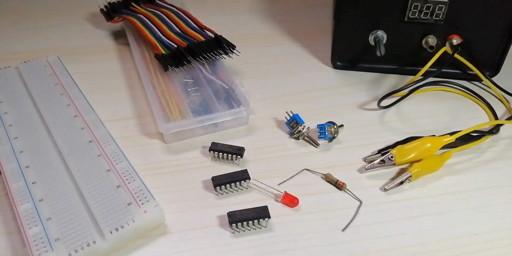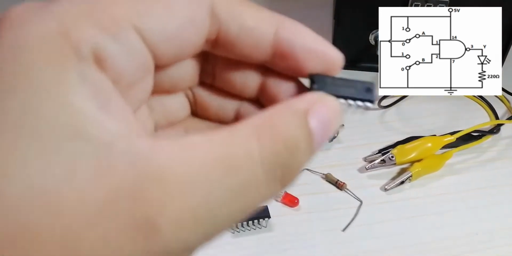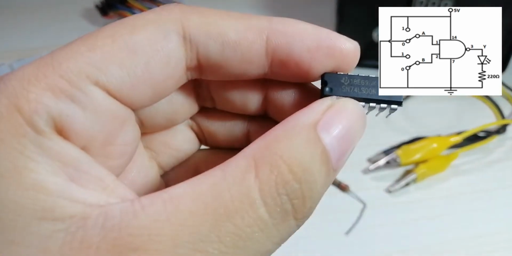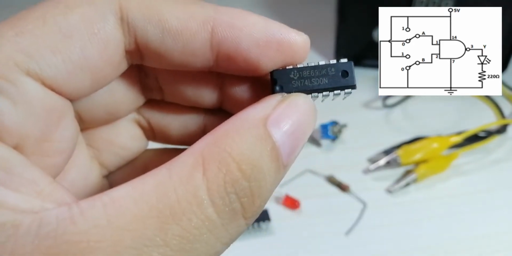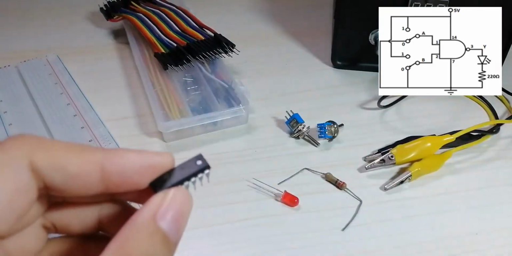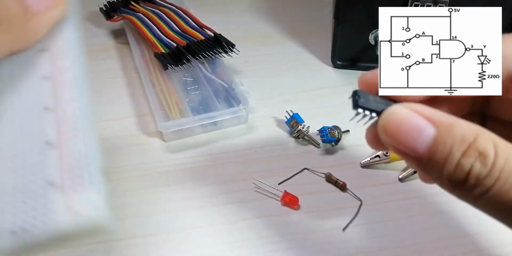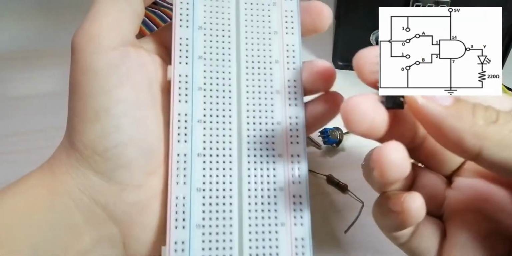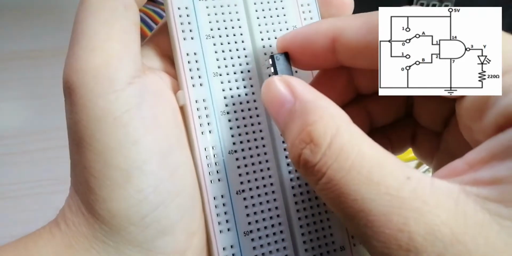So first we will perform figure A, which is the NAND gate circuit. We will use this IC, 74LS00 quad 2 input NAND gate. So I will put this first in our breadboard.